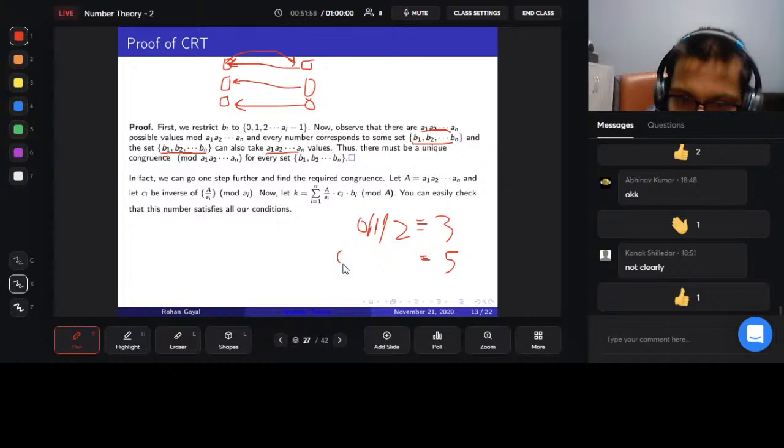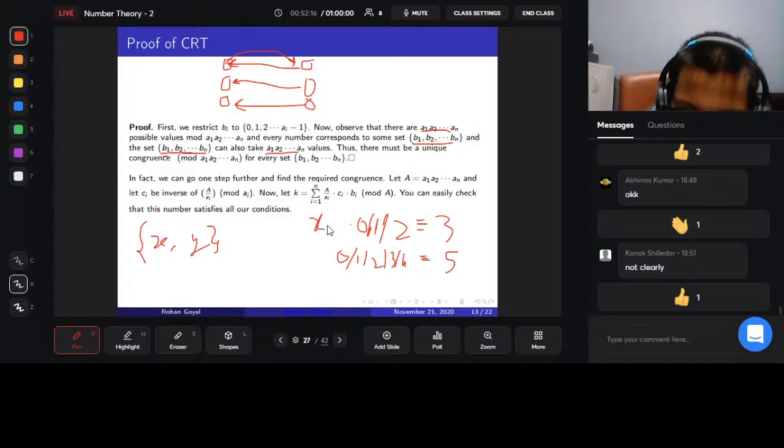So if I create a set x comma y, where this is x and this is y, this set can take 15 values, 3 times 5.